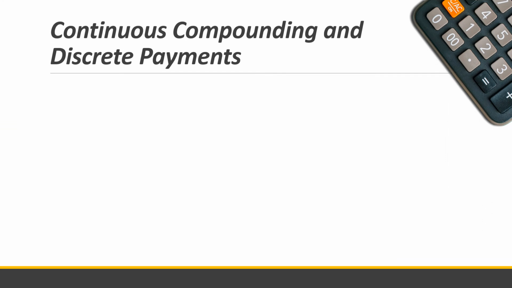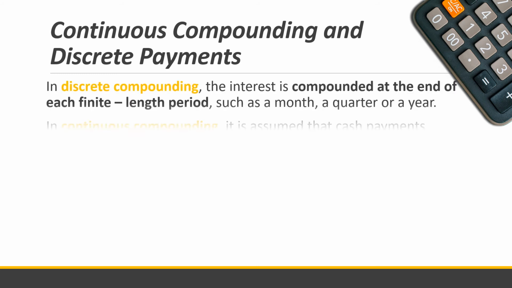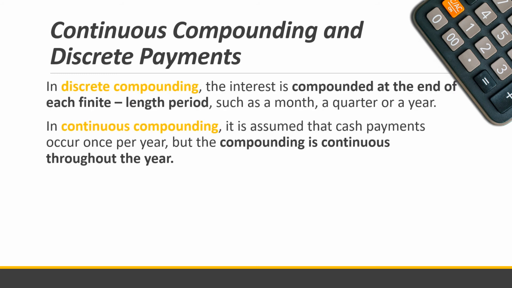Okay, so next is continuous compounding and discrete payments. So in discrete compounding, the interest is compounded at the end of each finite or length period, such as a month, a quarter, or a year. So the quarterly, monthly, semi-annually, that is discrete compounding.